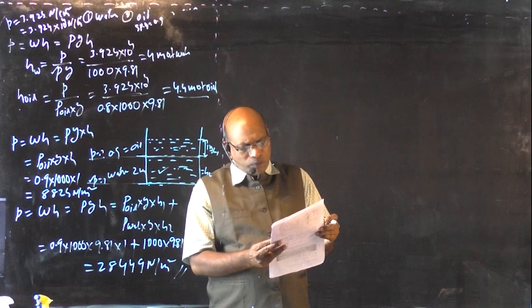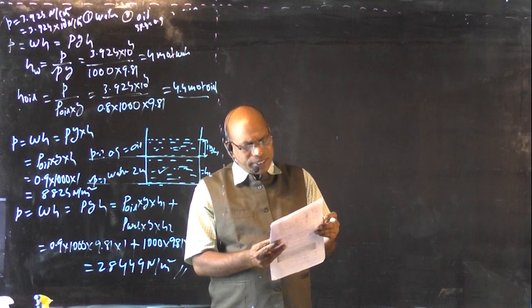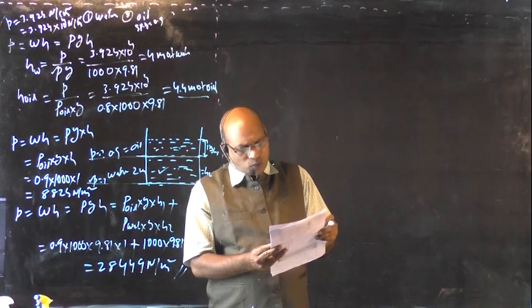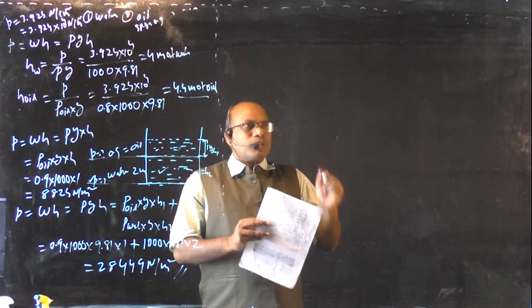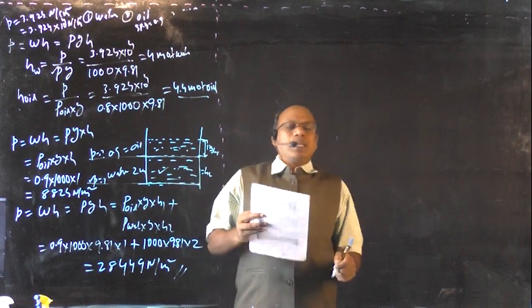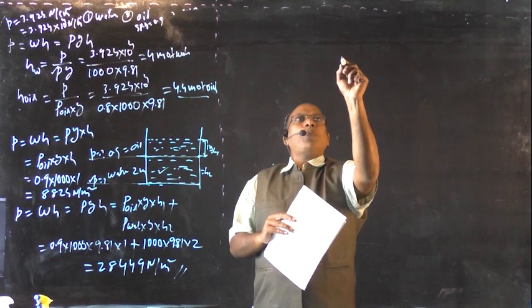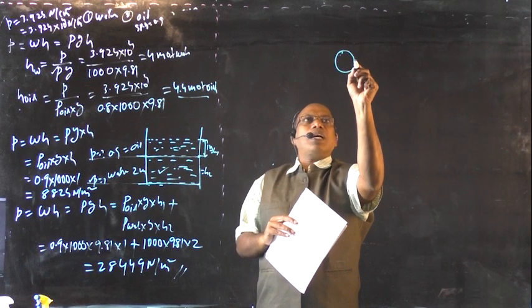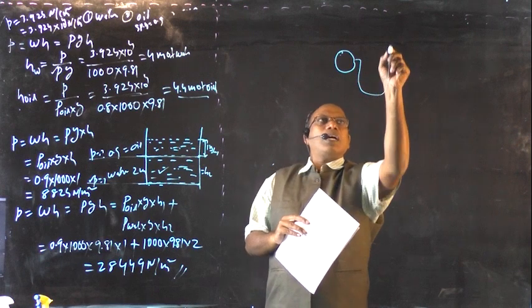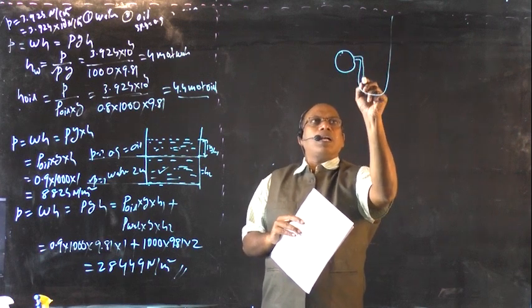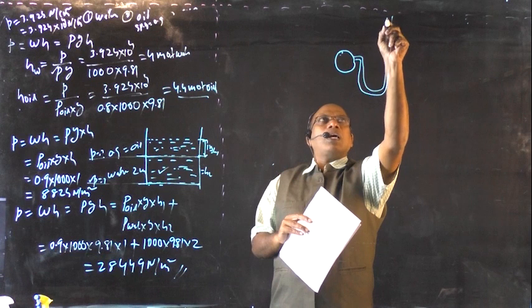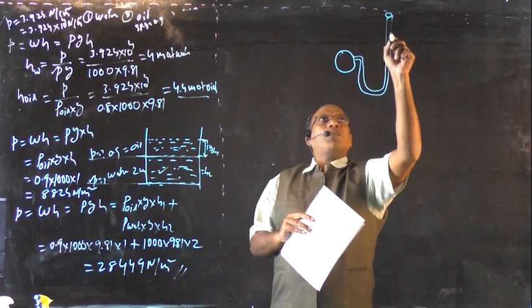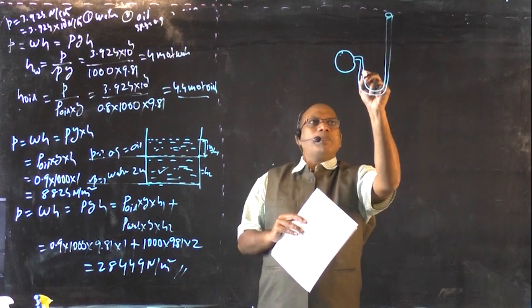The right limb of simple U-tube manometer containing mercury is open to the atmosphere. Here, U-tube manometer, the one of its end is open to the atmosphere.